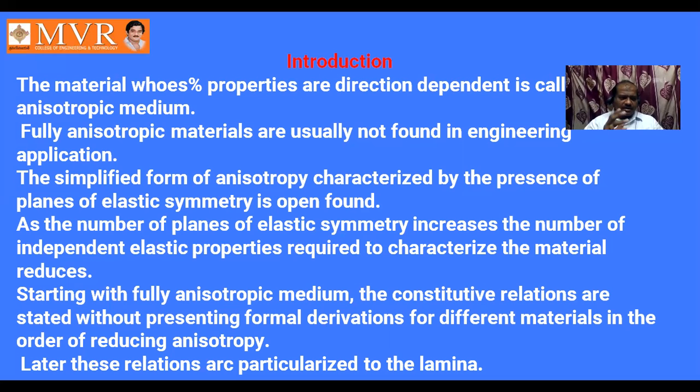That means an independent property cannot be found because the material behaves in multiple directions. When the pen is there, it can sag in this direction only if you apply the load, because in this direction there is no proper edge, but here that is not the case. So it can do like this, it can do like this.